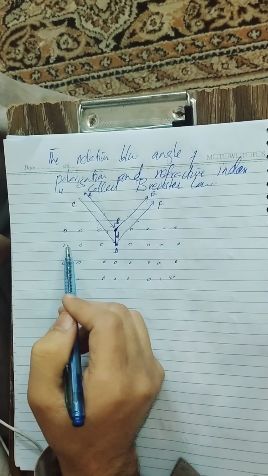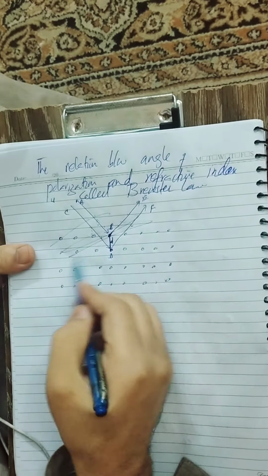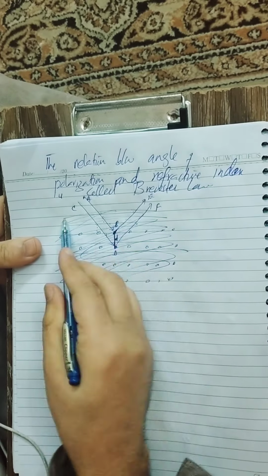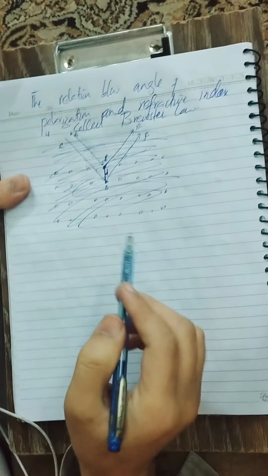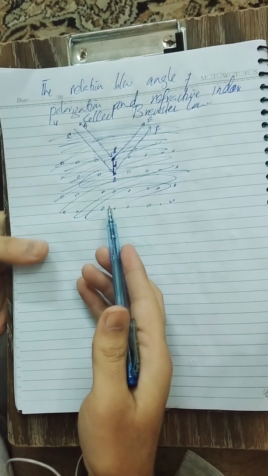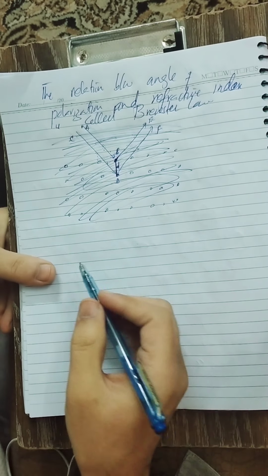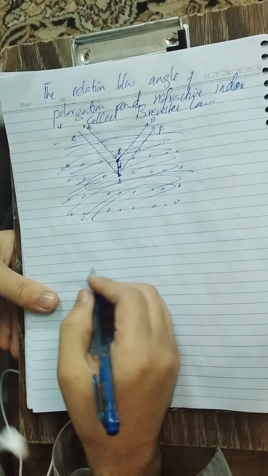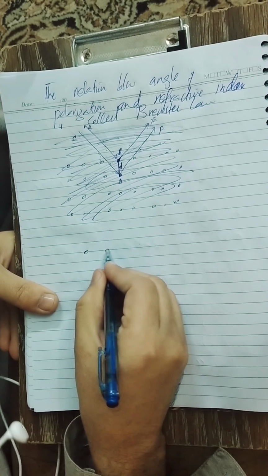Now I'm going to draw this diagram again. This is wrong. Actually, this was the diagram of Bragg's law, which is excluded in our course. So I'm going to draw this diagram again.